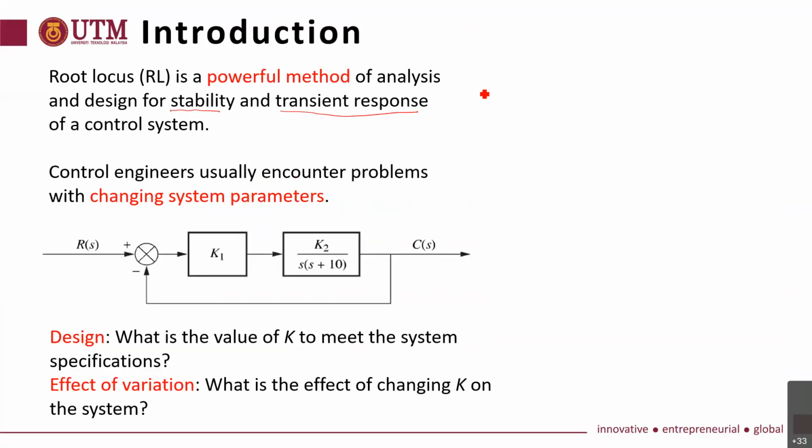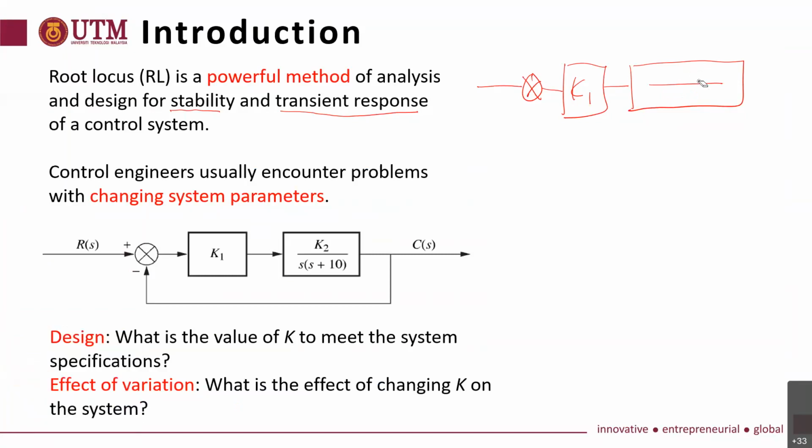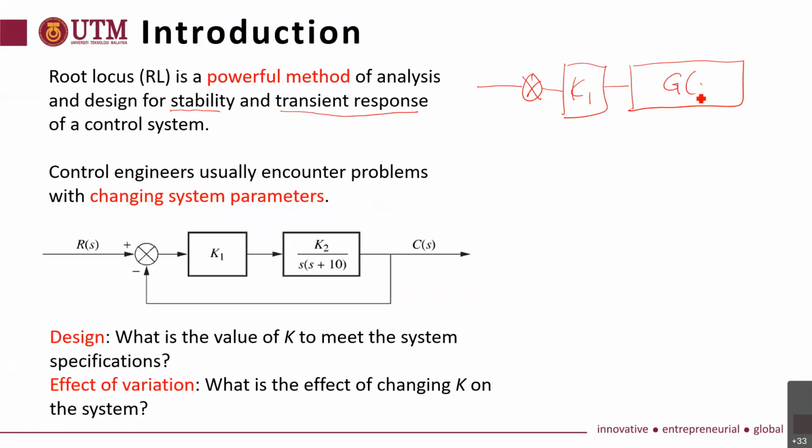What we meant here, let's say I have a system, a block diagram here. I just redraw that one, K1. This is G(s), the system. This is a closed loop system with K. The K here is a gain.